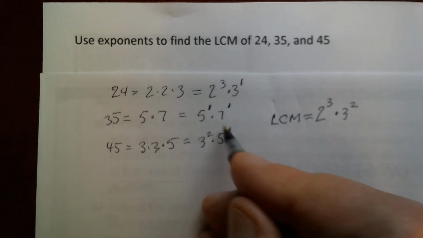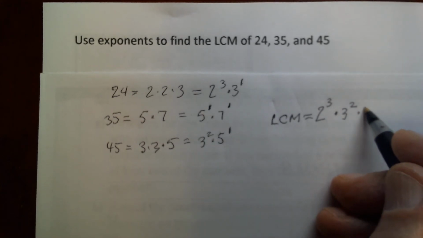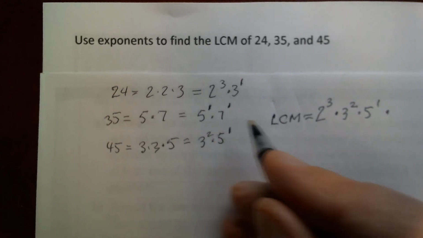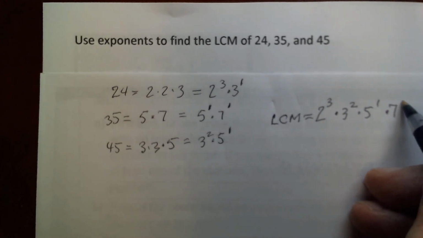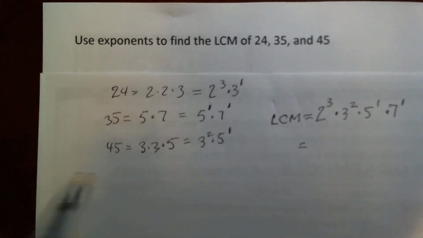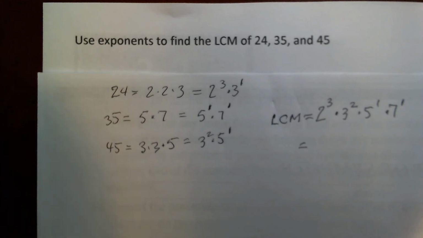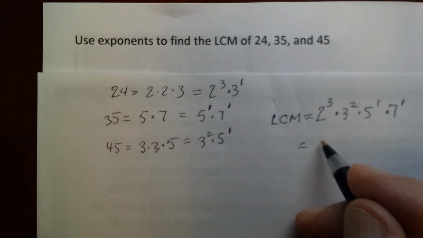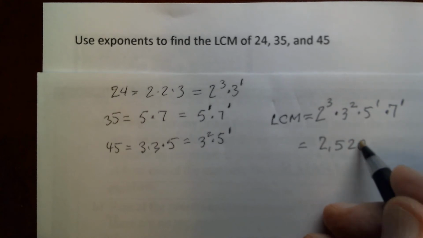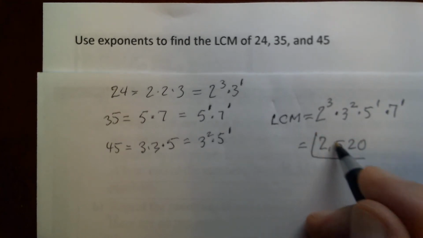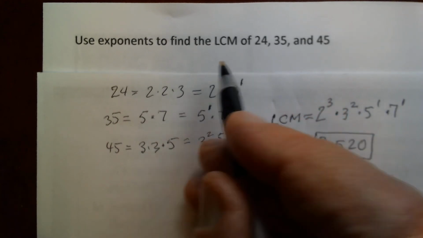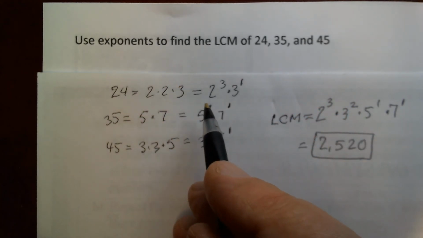And 5 has only an exponent of 1, so 5 to the first power, and then the factor of 7 is only 1 as the greatest power, so therefore it's equal to 2,520, which is exactly the same least common multiple that we had for the same exercise when we did not use exponents, if you look back.